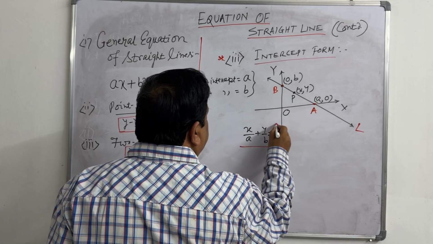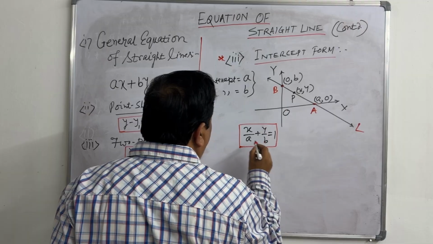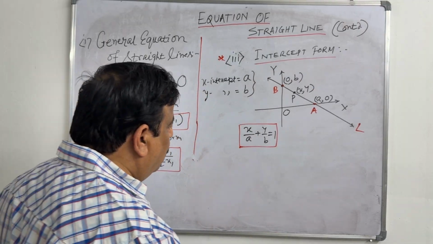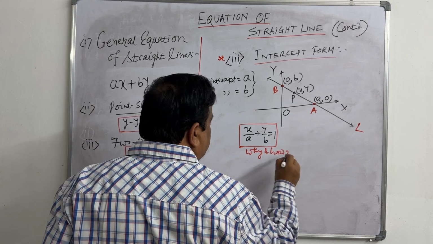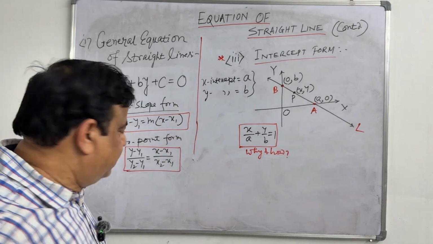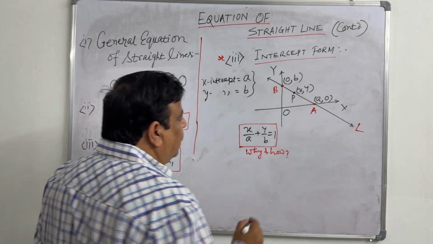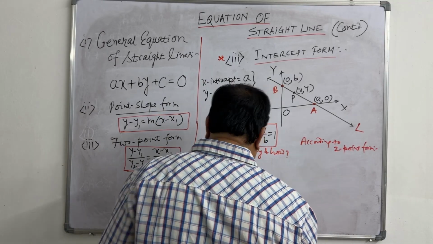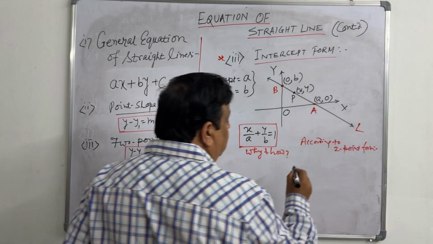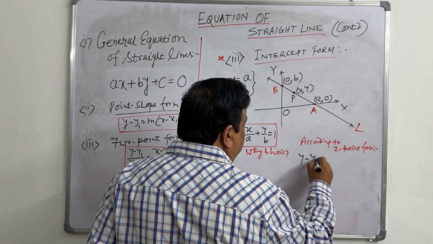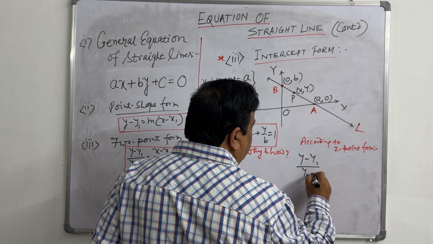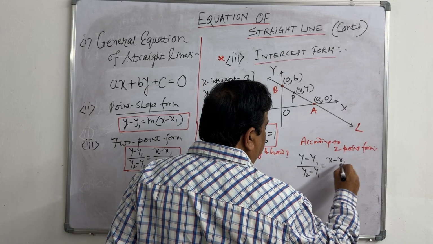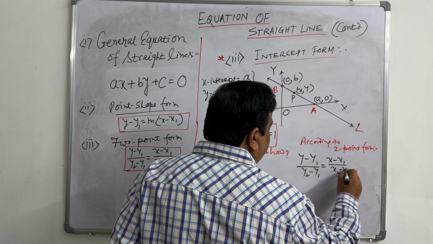This is the equation which we call intercept form. Okay. Now why and how? Let's analyze. So according to 2-point form, we know what the equation is. Y minus y1 by y2 minus y1 is equal to x minus x1 by x2 minus x1.